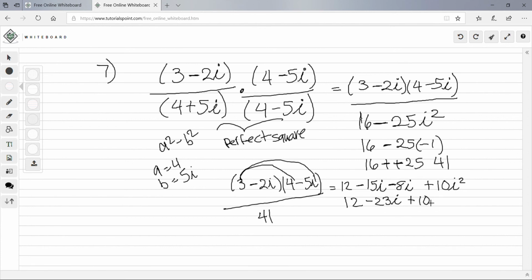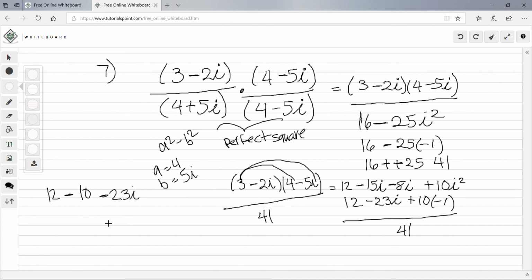Plus 10i squared, and we know that i squared is negative 1, so 10 times negative 1, all over 41. So it should be 12 minus 10, because 10 times negative 1 is negative 10, and then minus 23i.